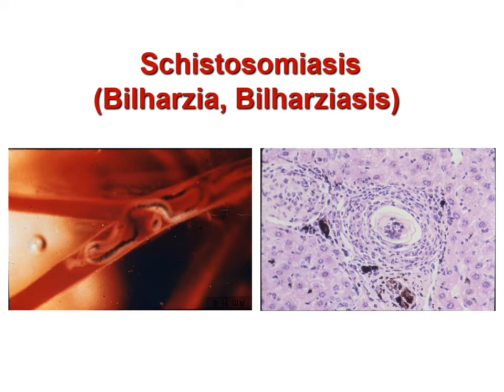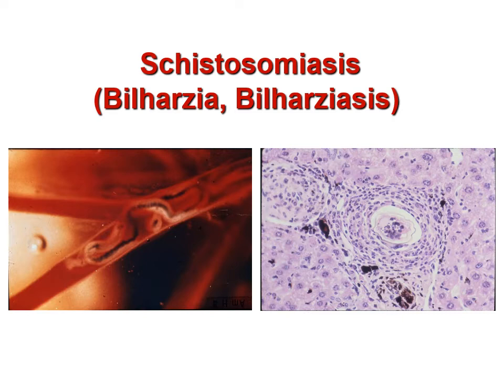The disease bilharziasis, or bilharzia, or schistosomiasis, is caused by three important species of schistosomes. In this diagram, for example, this is a laboratory experiment in mice. You can see inside the blood vessels the dark, long, waving worms.